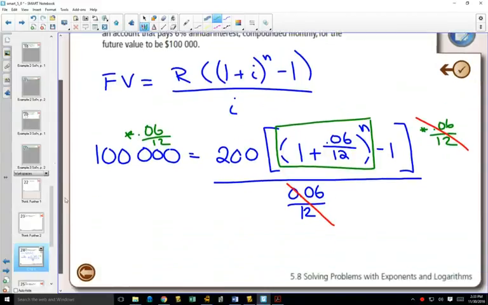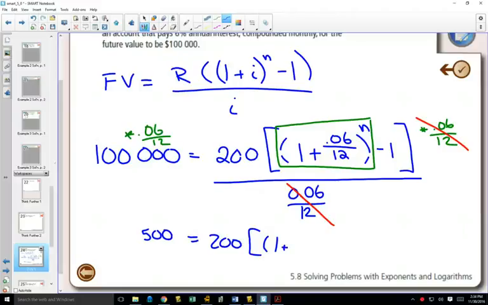And on this other side, 100,000 times 0.06 divided by 12 is 500. And now I have 500 equals 200 times [1 plus 0.06 divided by 12 to the n minus 1].